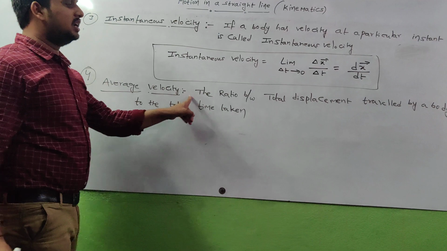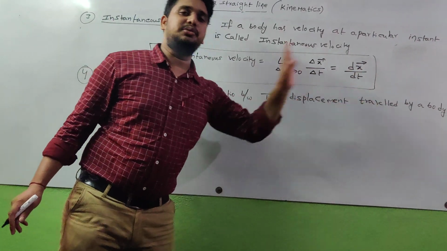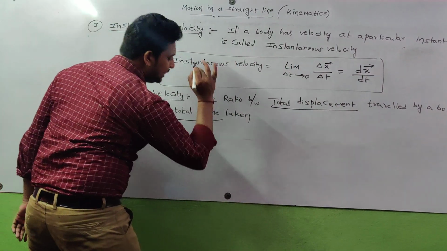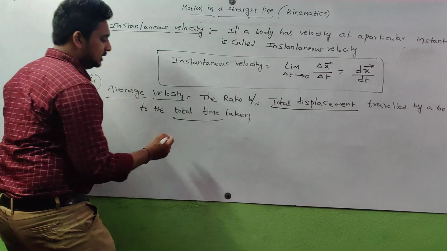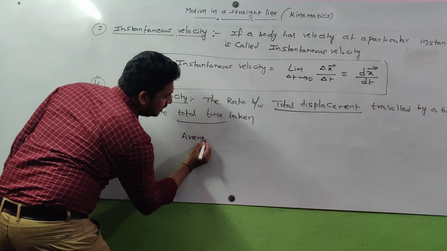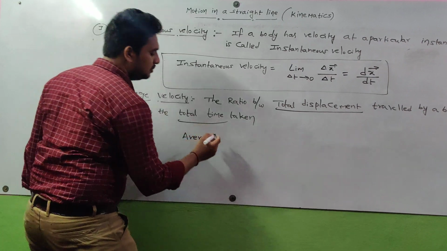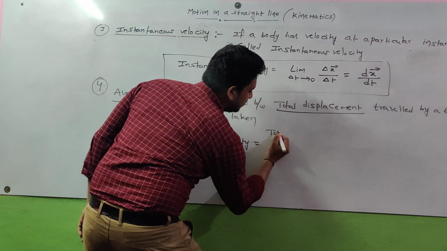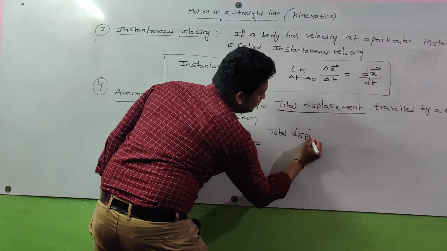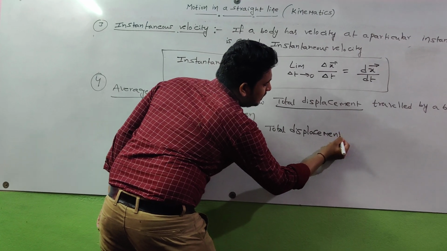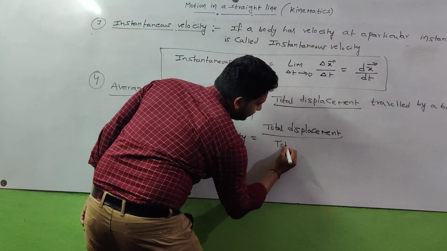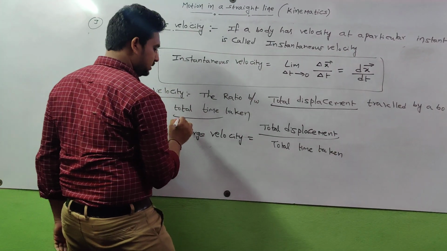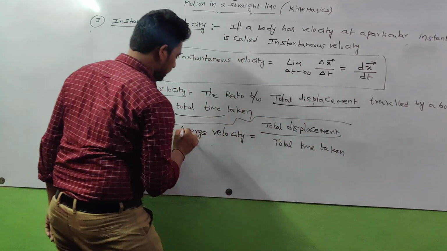This is the most important formula, and we use it when solving problems. Average velocity is equal to total displacement divided by total time taken.